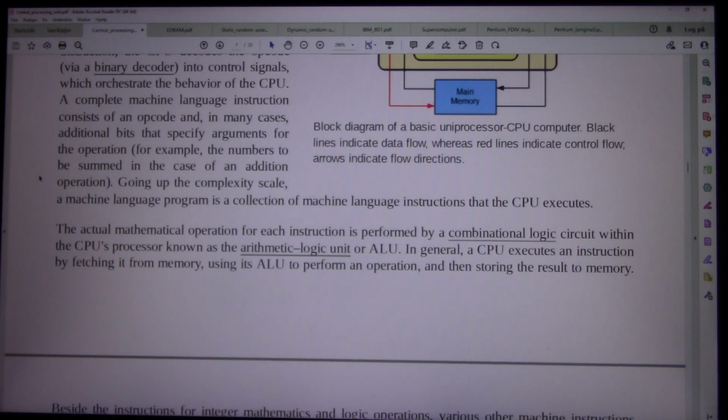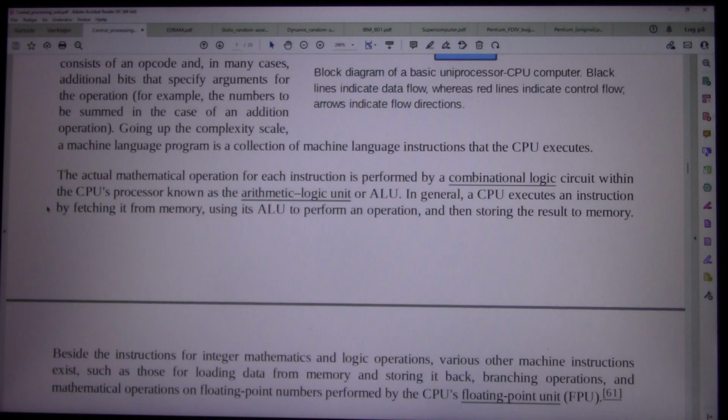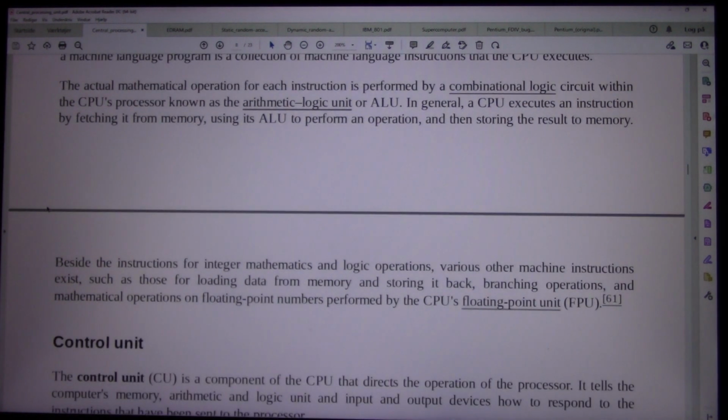Going up the complexity scale, a machine language program is a collection of machine language instructions that the CPU executes. The actual mathematical operation for each instruction is performed by a combinational logic circuit within the CPU's processor known as the arithmetic logic unit or ALU. In general, a CPU executes an instruction by fetching it from memory, using its ALU to perform an operation, and then storing the result to memory.